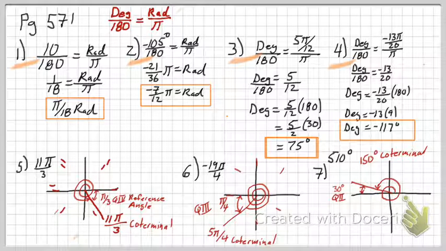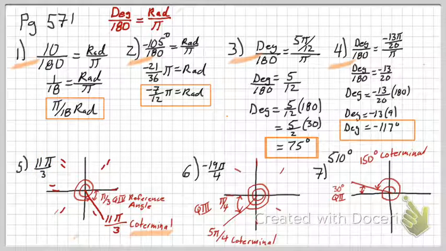I had to go around the circle all the way once, that was 6 pi over 3, and not quite, if I went around it all the way again, it would have been 12 pi over 3, so not quite around twice. So there is my coterminal angle, and this and that are coterminal. This is my reference angle that I'm going to do trig on.